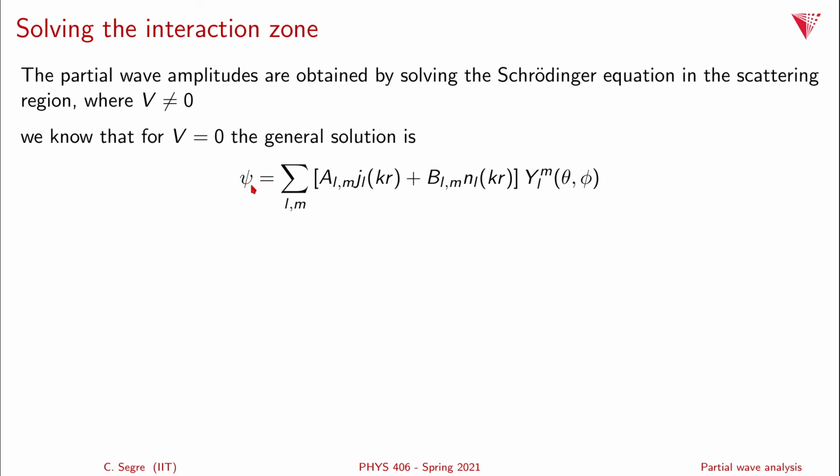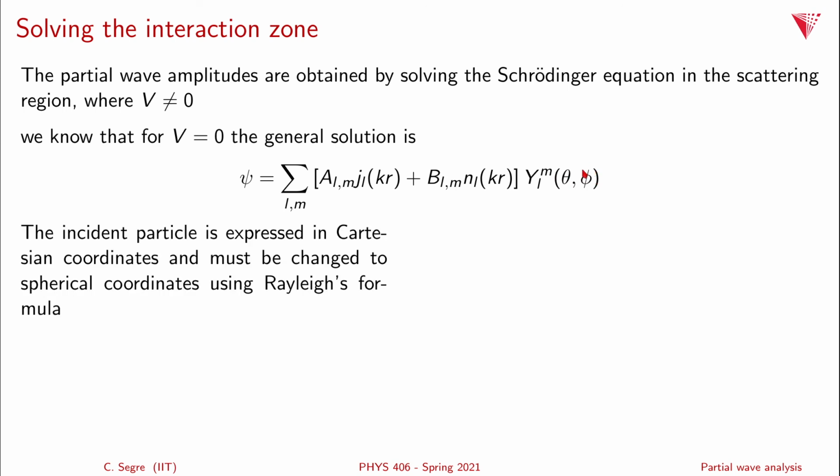Psi is equal to the sum over L m of A sub Lm, Bessel function sub L of Kr, plus B sub Lm times the Neumann function sub L of Kr times the spherical harmonics Y L m of theta and phi.